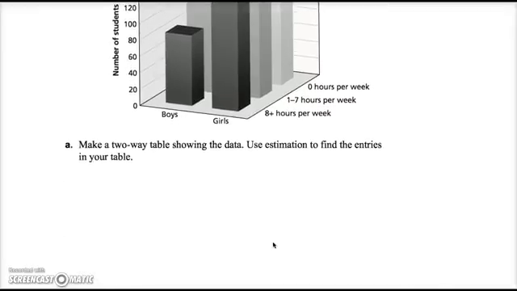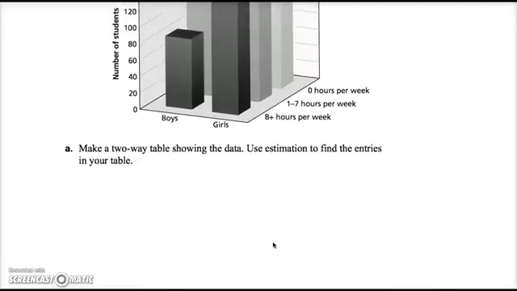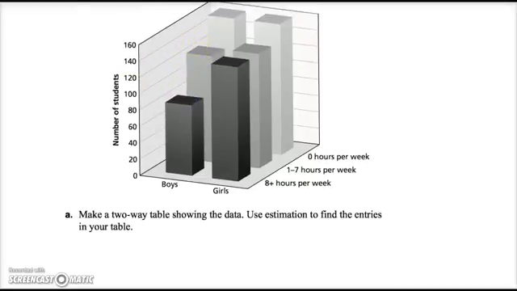Okay, so A wants us to make a two-way table showing this data. And it says use estimation to find the entries, because if you notice, not all of them go exactly to a specific number. So I'm going to put my two-way table up over here where I have more room and you can still see the graph.